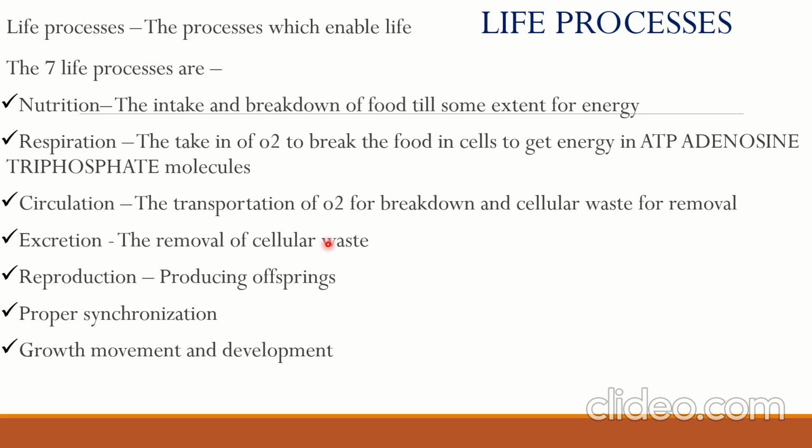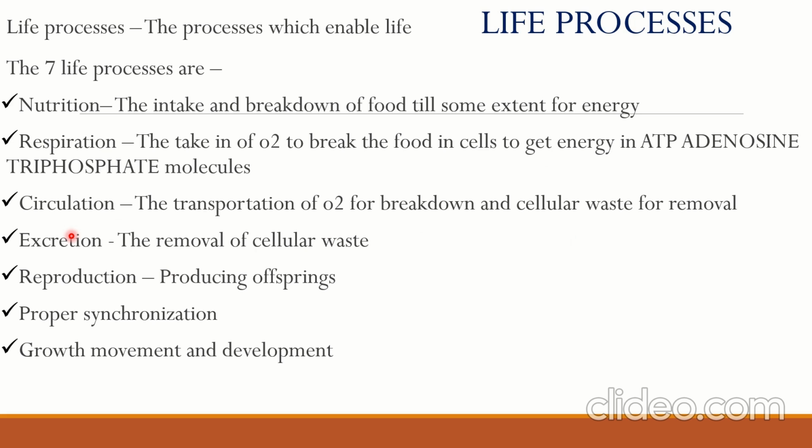And then this is a chemical process, so it gives up cellular waste, and that has to be removed from our body. So circulation sends it to the excretory organs or the removal organs, the organs which remove the cellular waste. These all tasks are done by circulation, and then excretion comes.